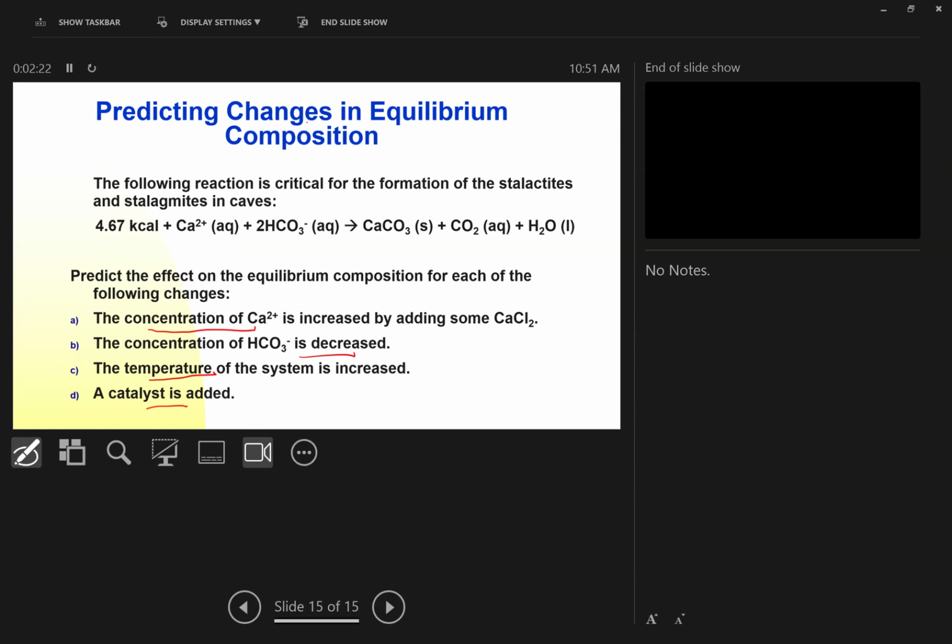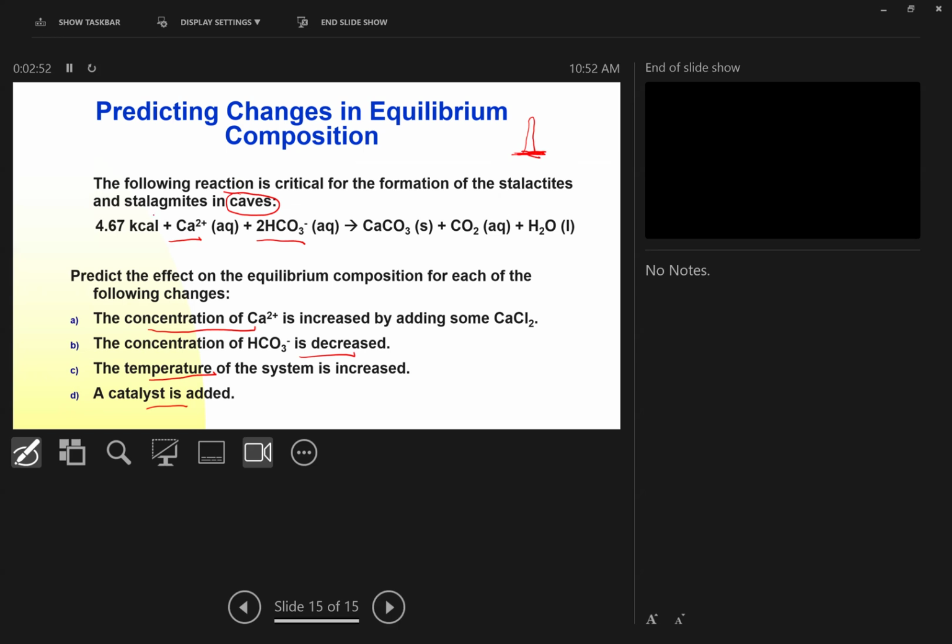Let's look at the first one. This is the reaction that we're interested in. You have calcium 2 plus reacting with hydrogen carbonate anion to form calcium carbonate, carbon dioxide, and water. If you're interested in caves, if you ever go to the caves, you're going to see some kind of rock formation from the ground going towards the ceiling.